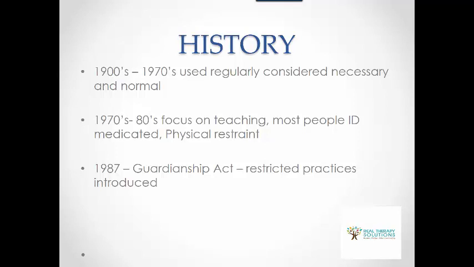In 1987, something called the Guardianship Act came into place, and is now known as the Guardianship Tribunal. This outlined that there were certain restricted practices that shouldn't be used with a person with an intellectual disability, or that needed specific consent avenues, somebody to consent on the person's behalf.